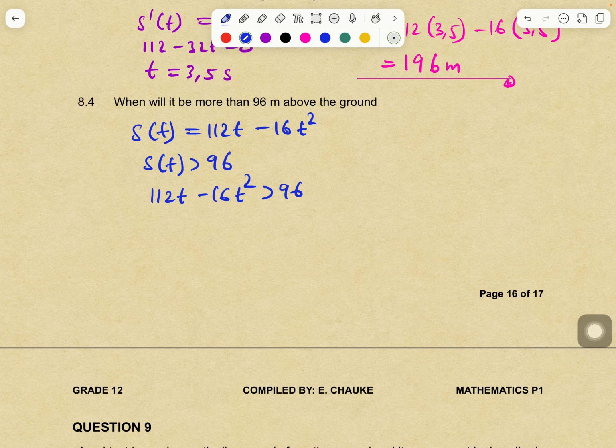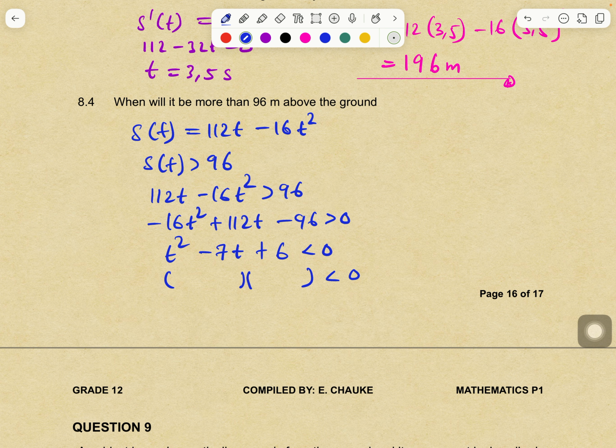So this takes you back to your inequality in grade 11 possibly. And to do this, we will be left with negative 16t squared plus 112t minus 96 bigger than 0. We can divide both sides by 16 because it goes into each term. So you get t squared, you divide by negative 16 there, you get negative 7t, and then here you get a plus 6, and then this should be less than 0. You factorize this, you get your critical values, that is t, you get 1 and 6, they are both negative to get negative 7.